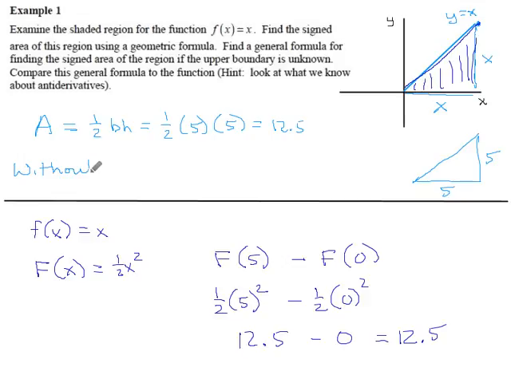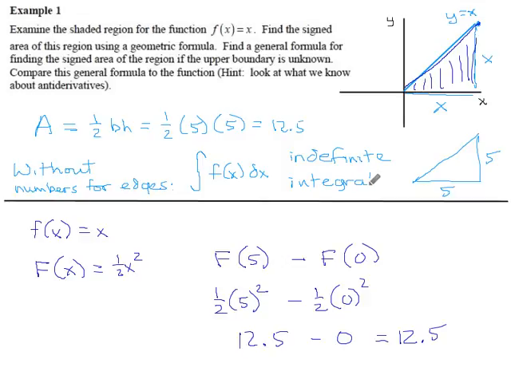So if you do this without numbers for the edges, we write that as the integral of f of x dx, and that's it. This is called an indefinite integral. Indefinite as in we're not being specific about where the left and right edges are.